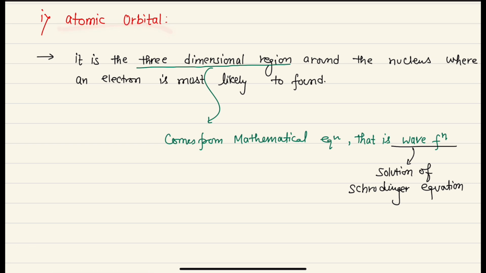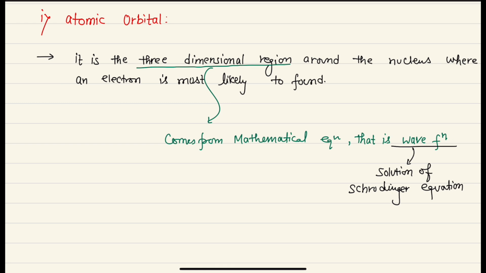So this is a very simple definition, I tried to explain it in very simple language: atomic orbital is the three-dimensional region around the nucleus where an electron is most likely to be found. Understood?